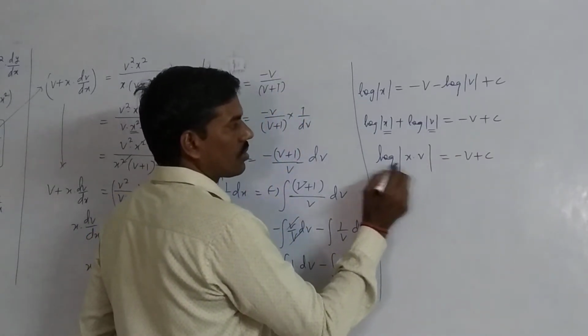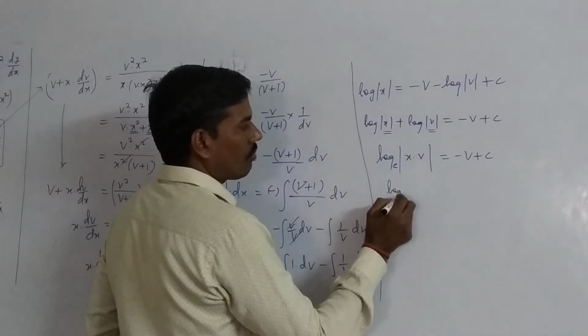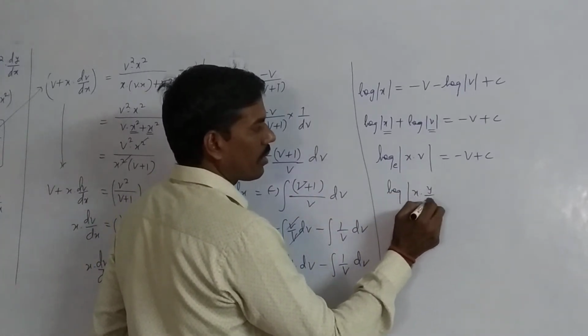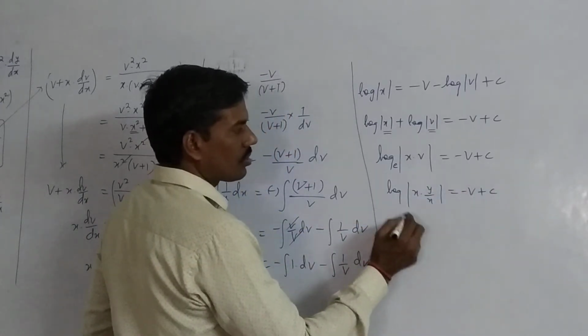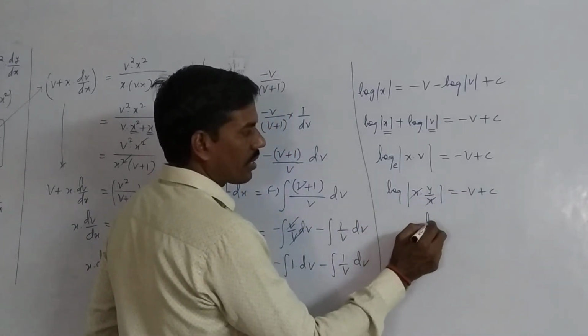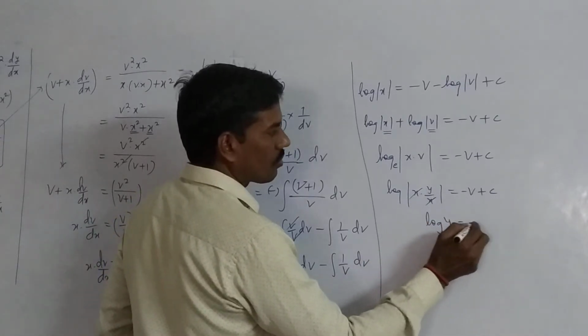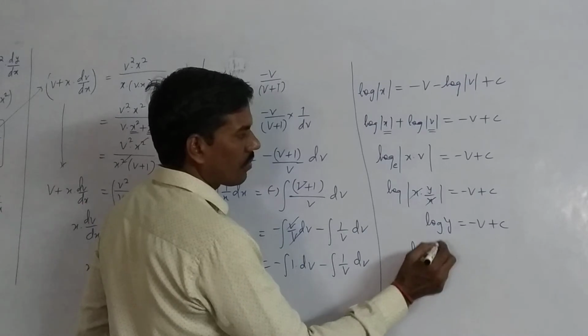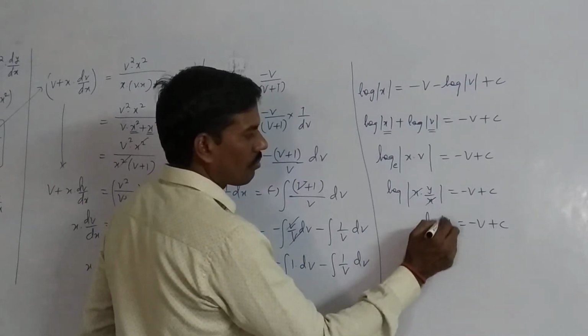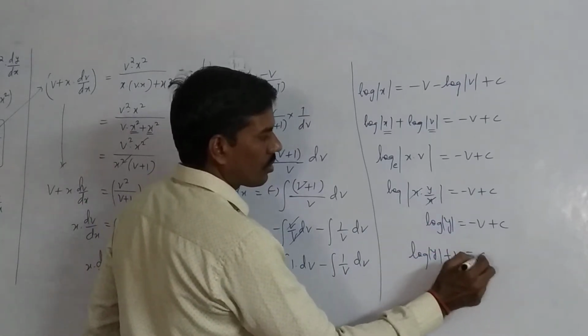So log of x v, where v means y by x, is equal to minus v plus c. This one is equal to, x and x get cancelled, log of y is equal to minus v plus c. So log of mod of y plus v is equal to c.